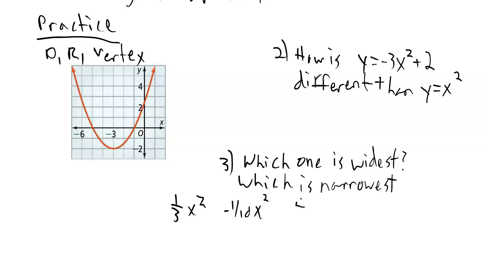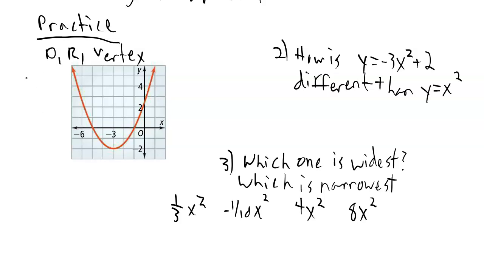We're looking at if 4x squared is the widest or narrowest, and if 8x squared is the widest or the narrowest. So pause the video, actually work through each of these, see what your answers come out to be, and then meet back with me after you finish those. It's important that you actually pause now. So, pause. I mean it, pause.